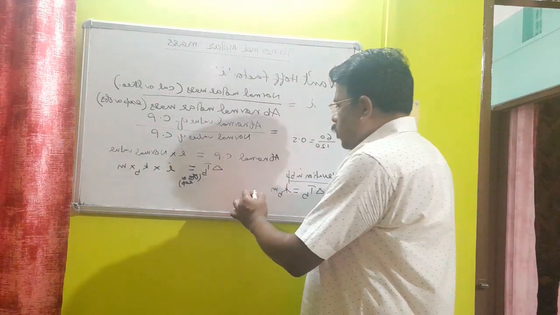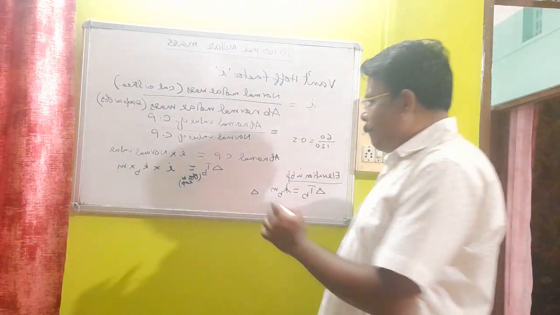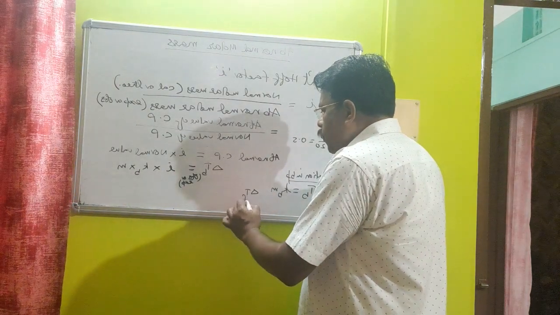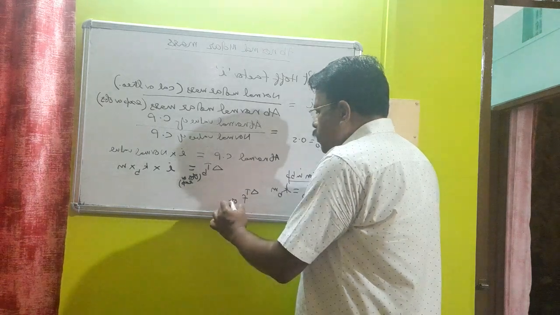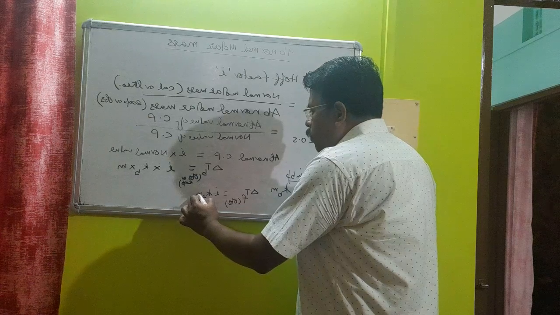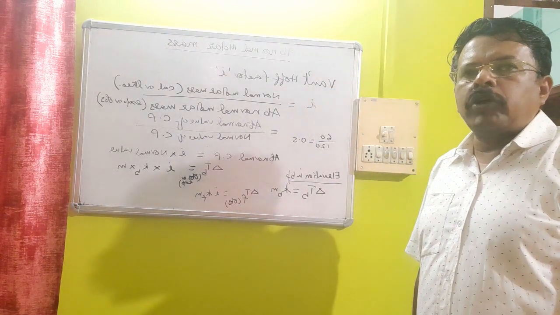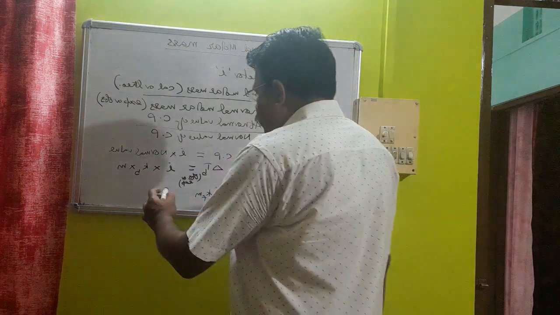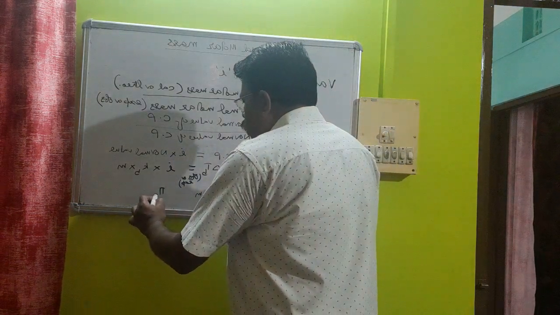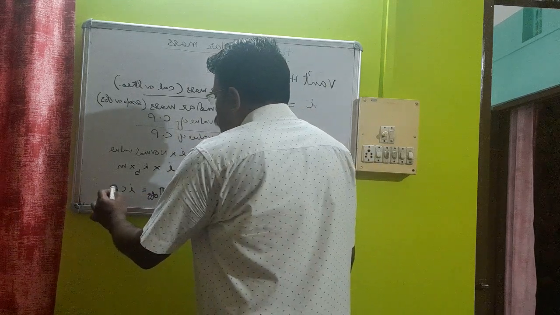Similarly, if you are talking about depression in freezing point, delta Tf observed will be i Kf m. If you are talking of osmotic pressure, it will be pi observed is equal to i CRT.